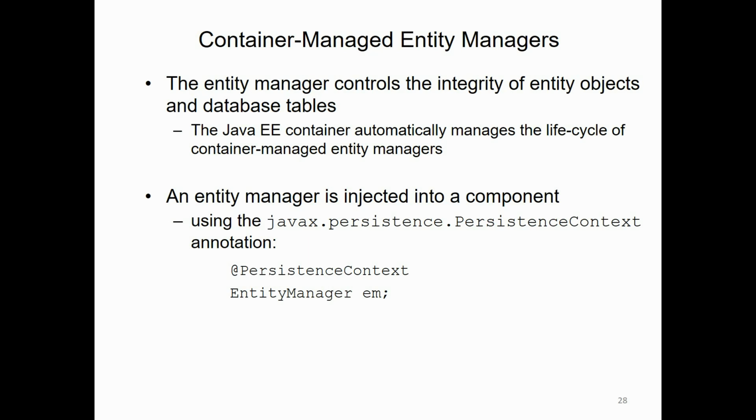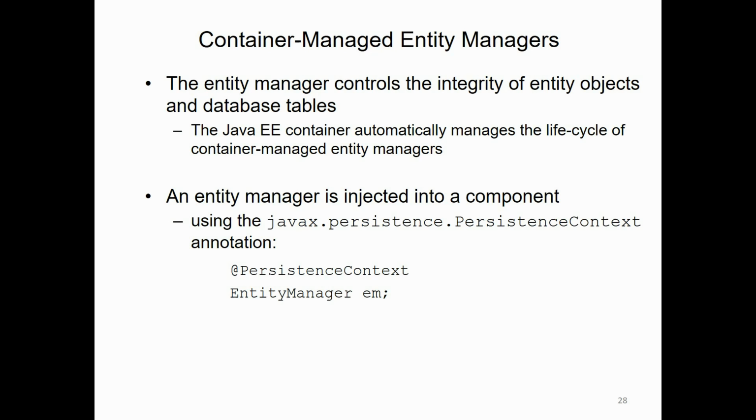So the only thing you've got to do in your Java class, once the persistence unit has been set up in your project, is to write these two lines at the bottom of the screen. Persistence context annotation, followed by a declaration of a variable of type entity manager. It doesn't have to be called EM, call it whatever you want. That's just a variable name to be used within your class. But it does need to be of type entity manager and have that persistence context annotation.